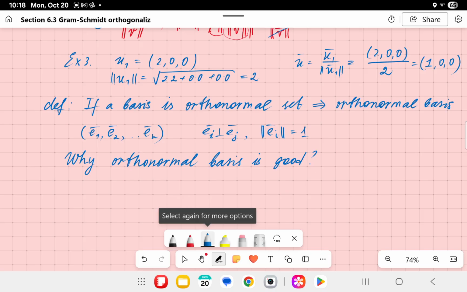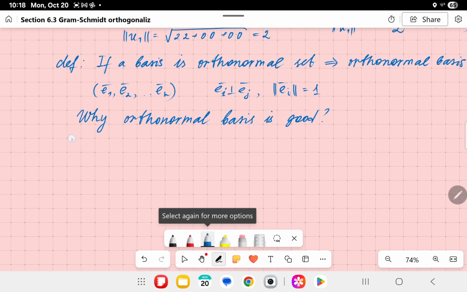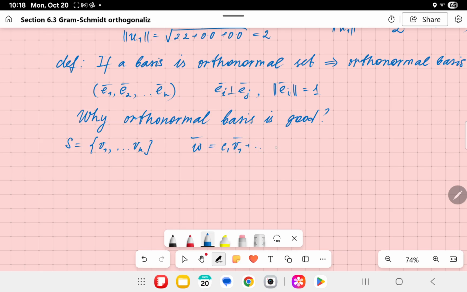Usually if somebody gives us a basis S, which consists of n vectors, we represent vector W as, say, C1 V1 plus and so on up to Cn Vn, by solving a system of equations.